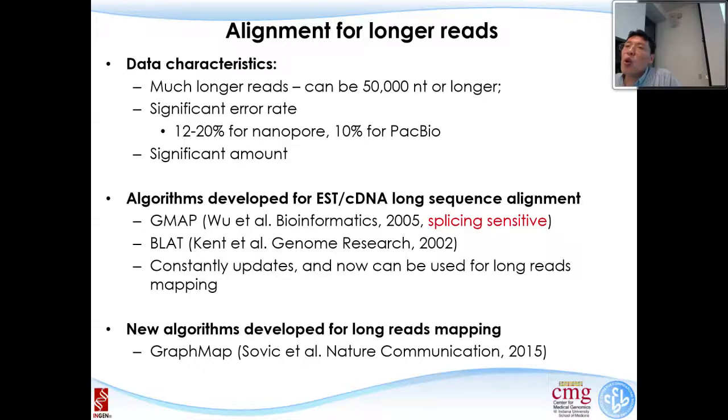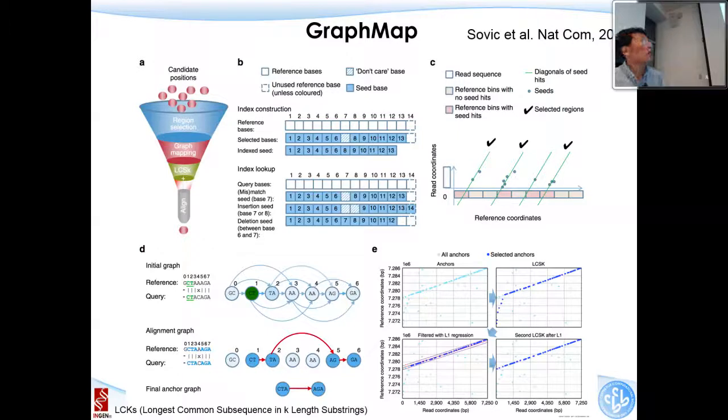These new algorithms, if you call them algorithms, probably is not appropriate. They are more like a strategy to do the sequence alignment. So I'm just putting this particular one here. You can go back to the reference. But the general idea is you get a very long read. You chop it into middle-sized smaller ones, and you only sample some of the middle parts, and then you do the alignment.